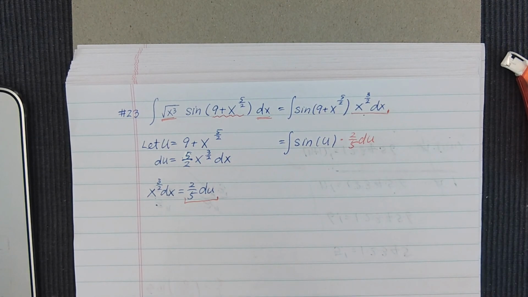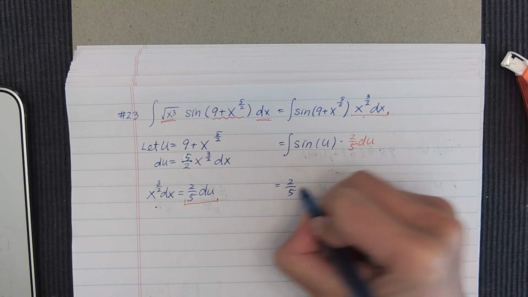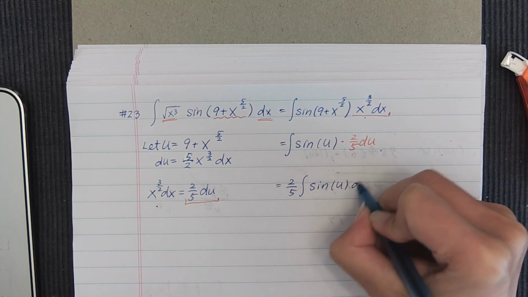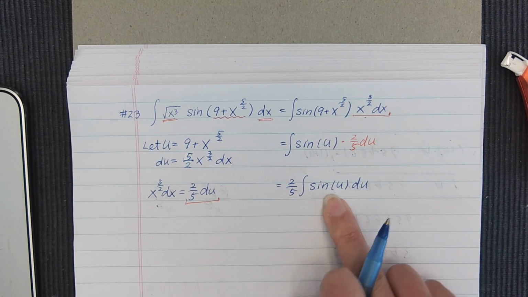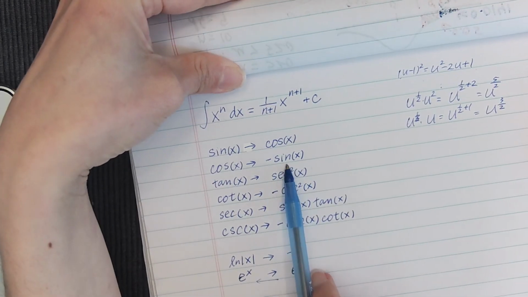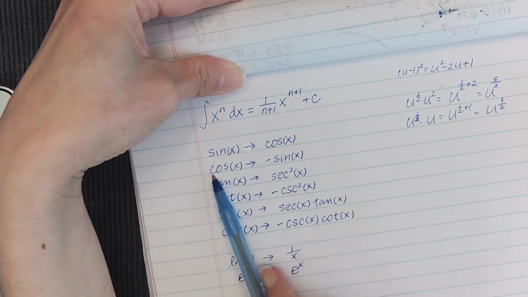They're actually pretty much done. But again, 2 over 5 is a constant. I don't care. So what's the integral of sine u? Negative cosine. That's it. The integral of sine is negative cosine.